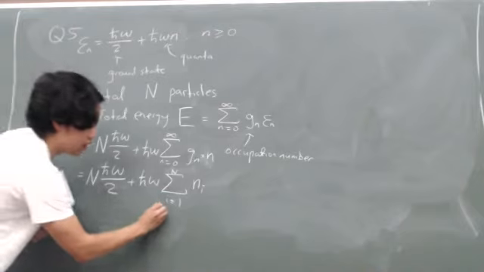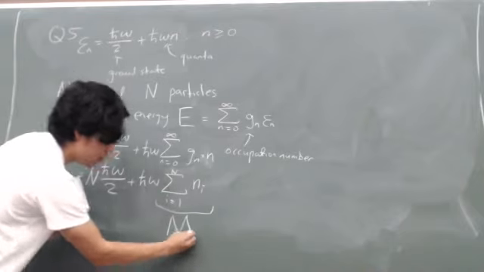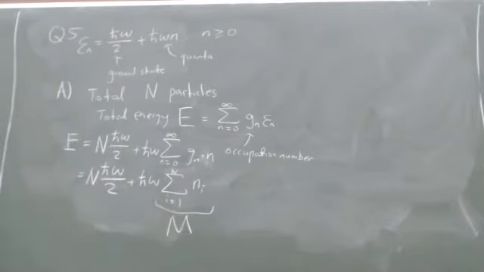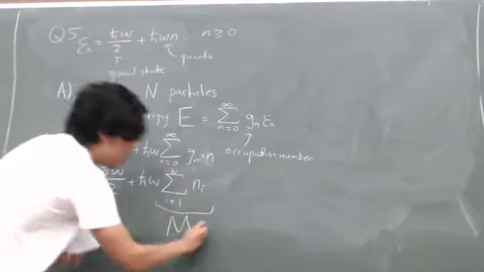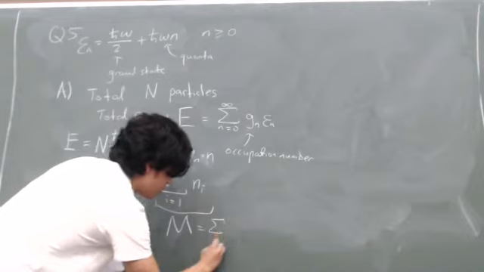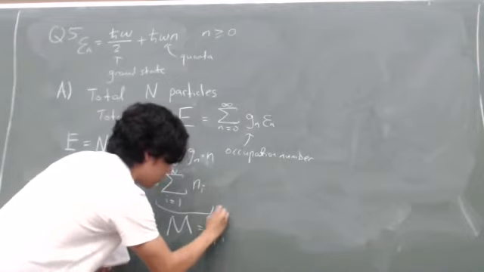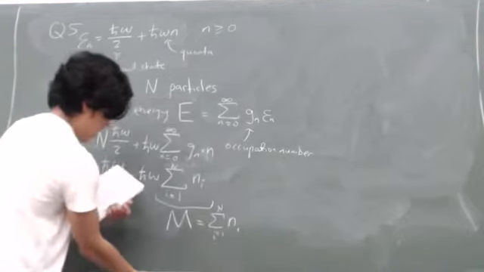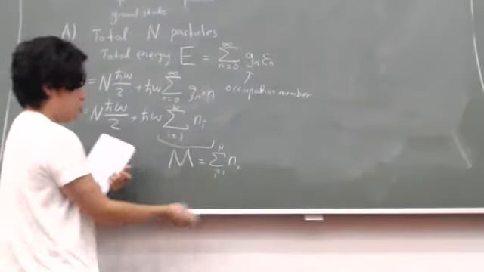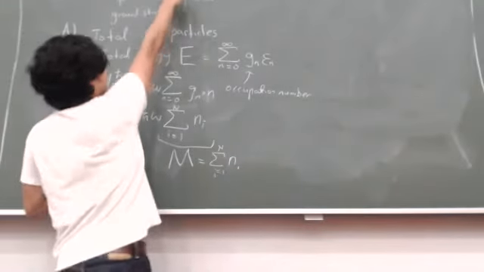And I'm just going to call this thing capital M for simplicity's sake. So capital M is equal to the sum from i equals 1 to N of n_i. And that could be rewritten if I sub in the inverse of this.